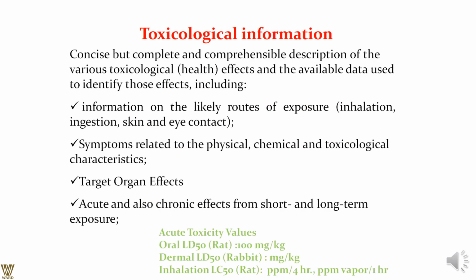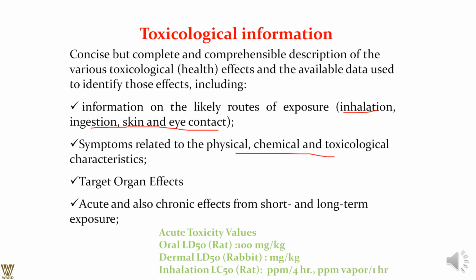We talk about the toxicological information. It is a complete, concise, and comprehensible description of the different toxicological effects that can impact human health. What are the likely routes of exposure, say inhalation, ingestion, or skin or eye contact? Similarly, symptoms related to the physical, chemical, and toxicological characteristics.